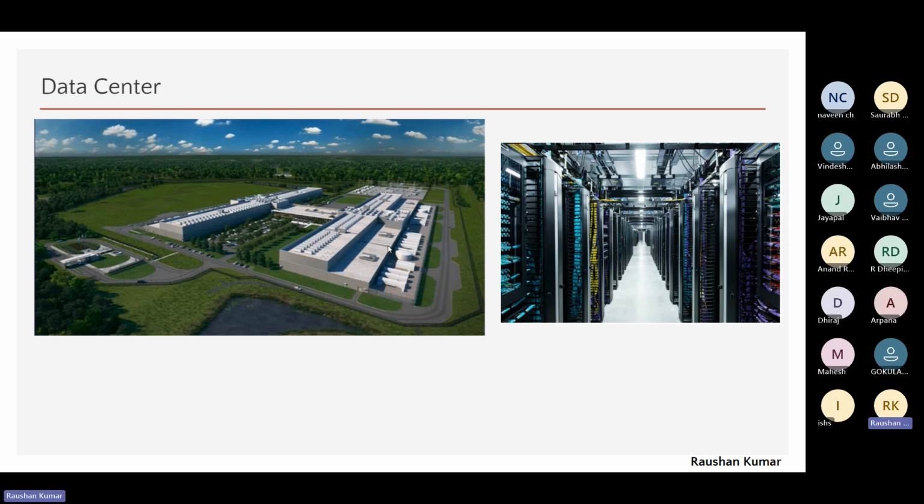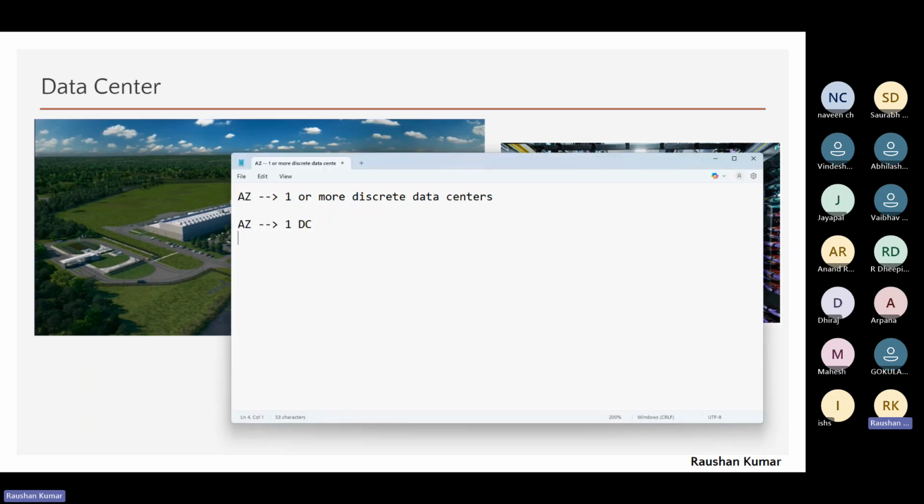When you combine multiple AZs, you get one region. Mumbai has got 3 such availability zones. Hyderabad has got 3. Usually we have 3 AZs in a region, but it could be more than 2. What is a region? First of all, it's a logical thing. A region can have greater than or equal to 2 AZs.